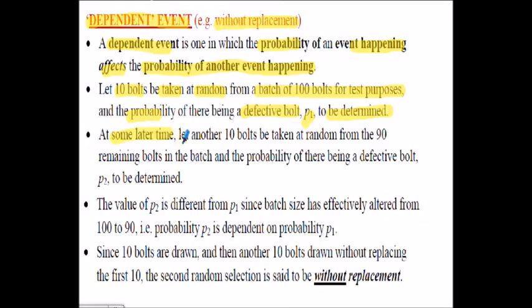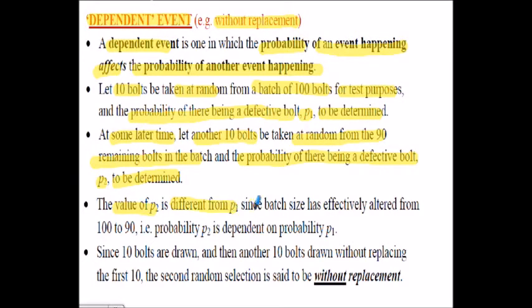Sometime later, another 10 bolts are taken at random from the 90 remaining bolts in the batch, and again the probability of a defective bolt is to be determined, P2. So the value of P2 is different from P1 since the batch size has effectively altered from initially 100 when we took our first 10 to 90 when we take our second 10 bolts.